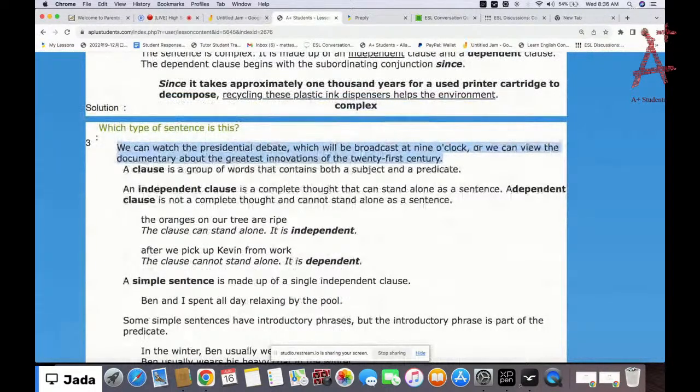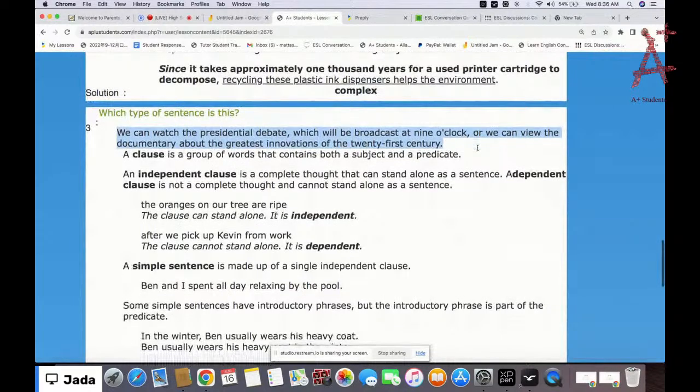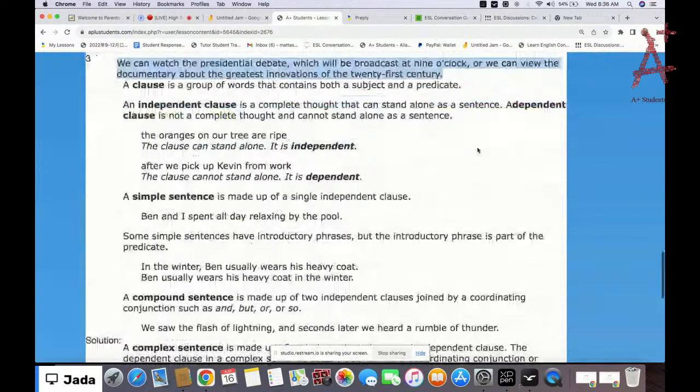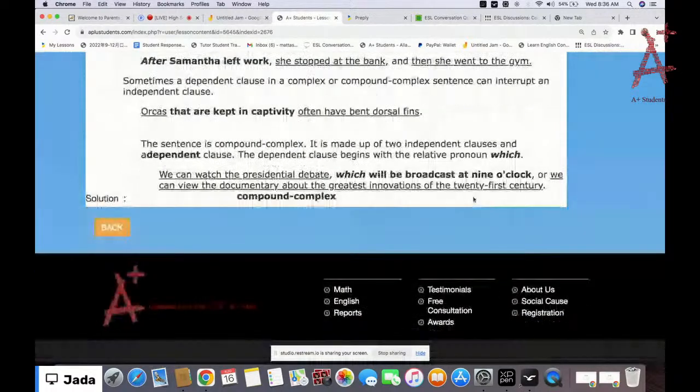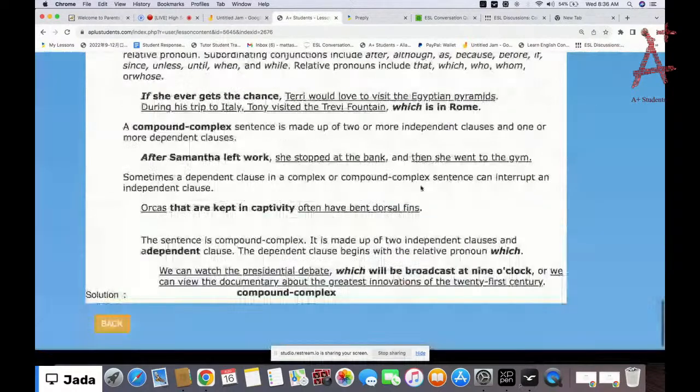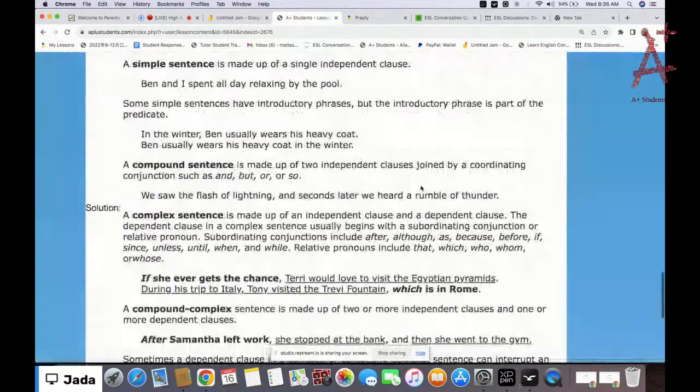The "or" is the conjunction, and then there's a comma. Which makes this a compound-complex sentence. All right, so let's see.